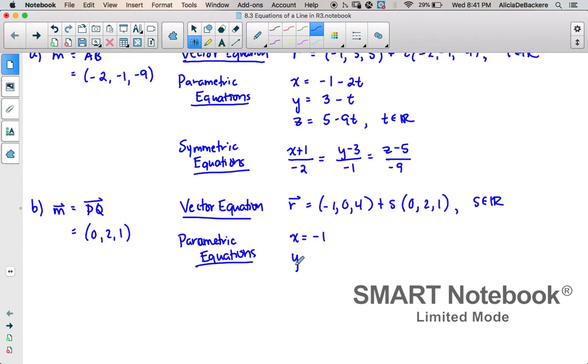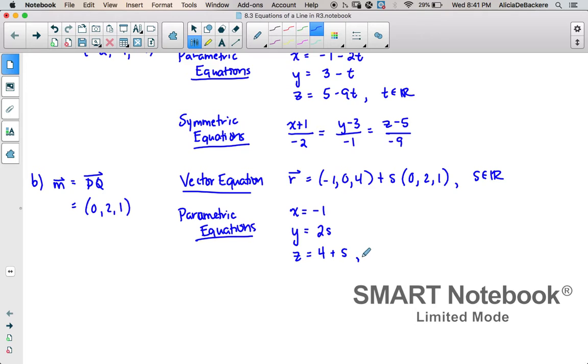And then I'll move on to the next variable. Y is equal to, and this time I have 0 in the point, but I'm going to add 2 times s. So 0 plus 2s is just 2s. And then z, our last one here, is going to be 4. And then I've got 1 times s, so plus s. And again, here my parameter s belongs to the set of real numbers.